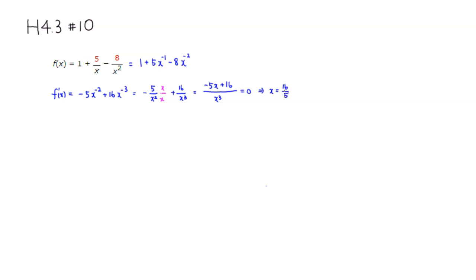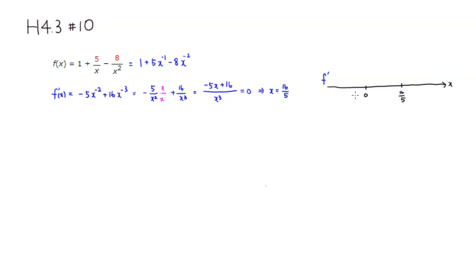Then we can do a number line. So here's the x-axis. I have to put 2 tick marks, one for 0 and the other one for 16 over 5. Then we're going to look at the sign of f prime.